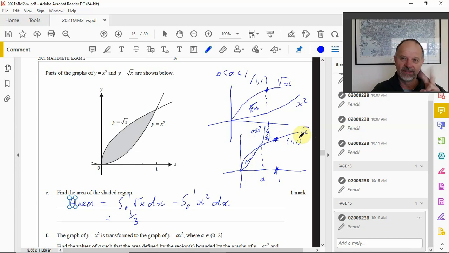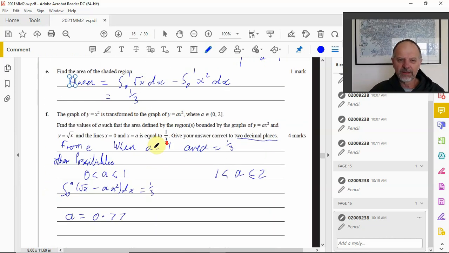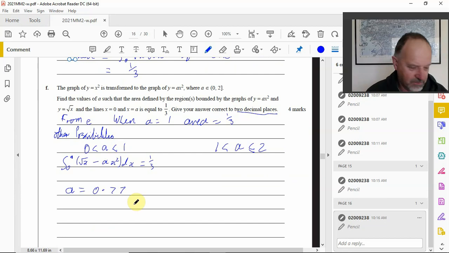So we now need to split this integral, to between 0 and a, and then a and 1. All right, so split that integral, and so we need to go between 0 and a, and that's where the root is on top.